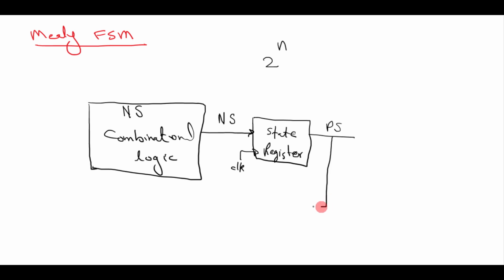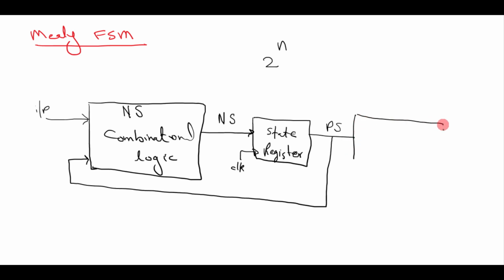This present state will go back as a feedback to next state combinational logic, and this next state combinational logic will also have an input. This present state will go to another combinational logic which is known as output combinational logic, and this output combinational logic will give you the output of your sequential machine.